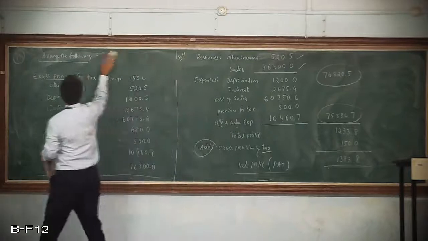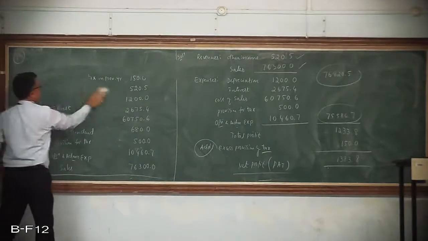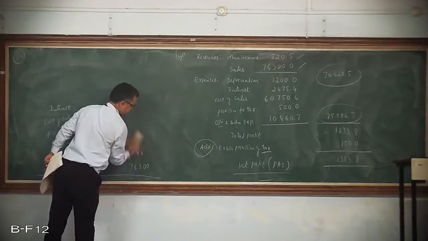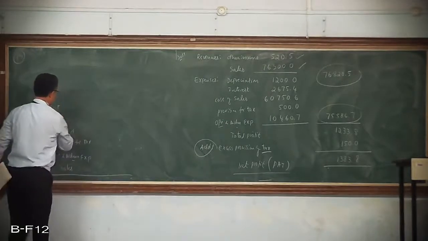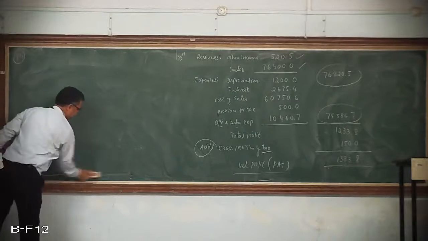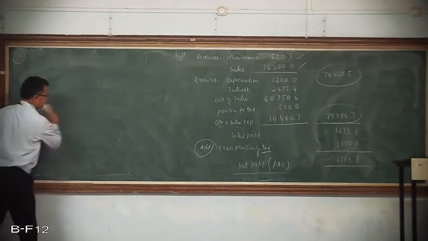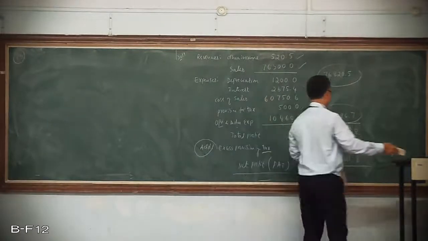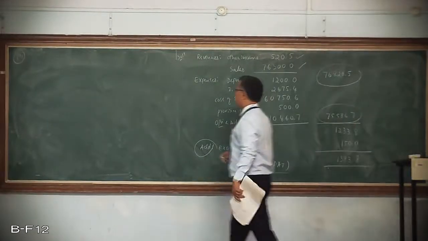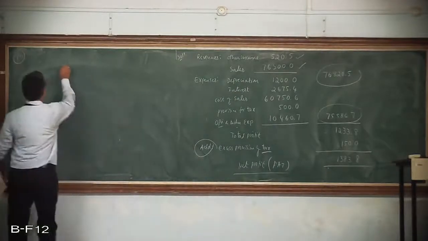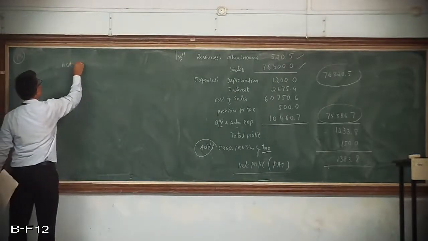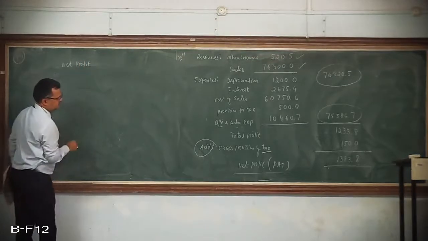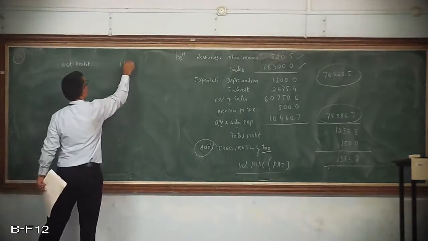Next, you have to check how much surplus or reserves there are for next year after subtracting the dividend from the net profit, because net profit is 1383.8. Okay, so right here, once again, net profit is 1383.